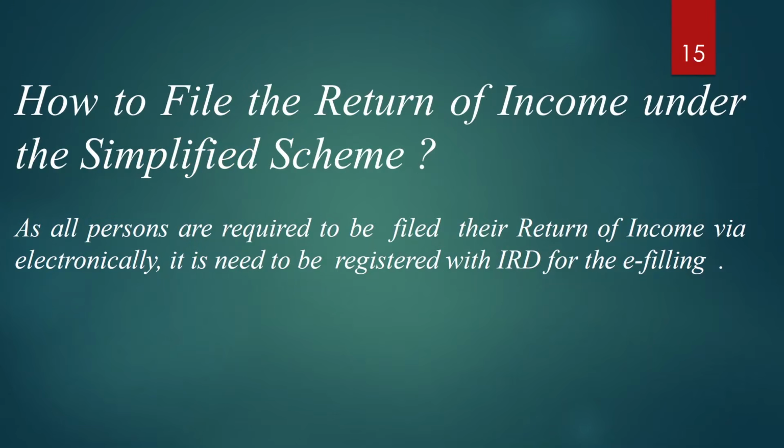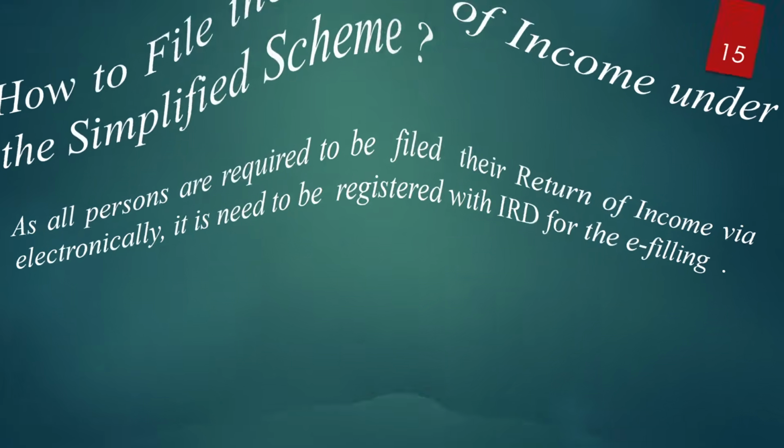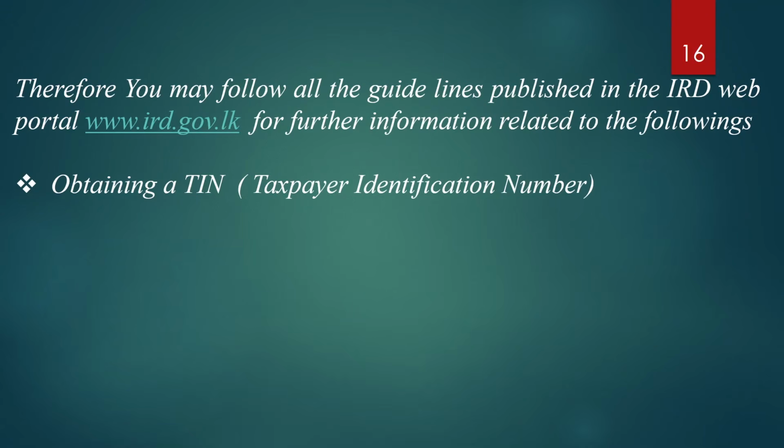How to fill the return of income under the simplified scheme? As all persons are required to file their return of income electronically, you need to be registered with the IRD for e-filing. Therefore, you may follow all the guidelines published on the IRD web portal www.ird.gov.lk for further information related to the following. First is obtaining a TIN.